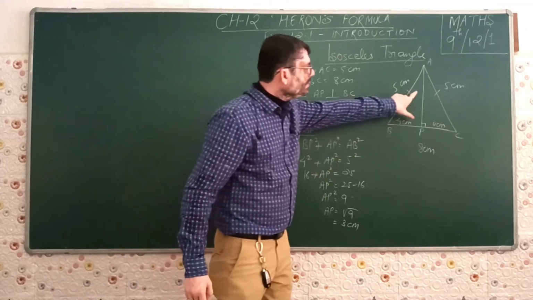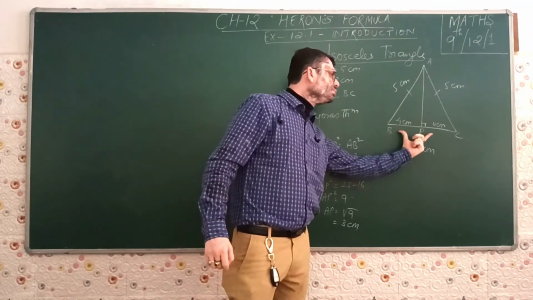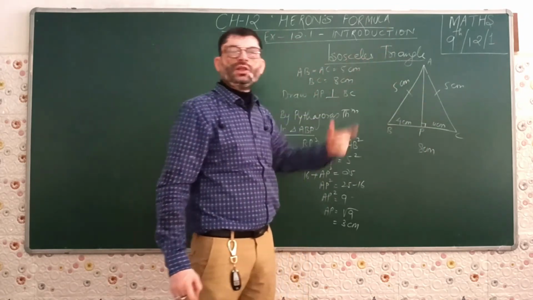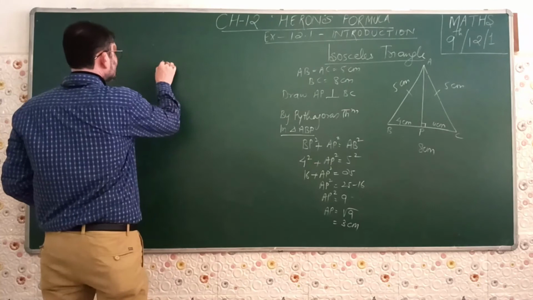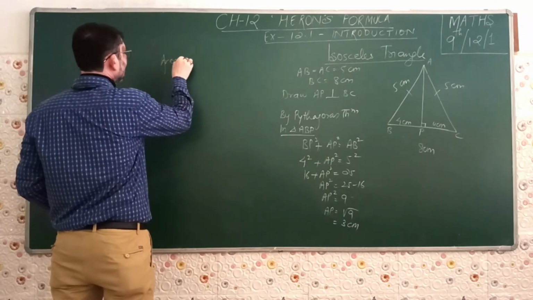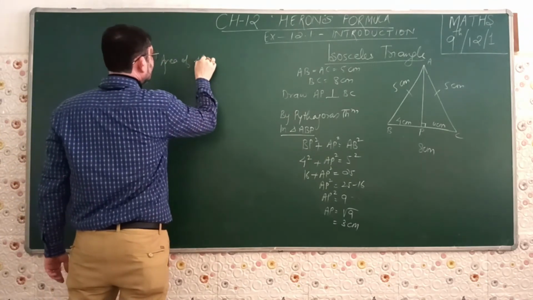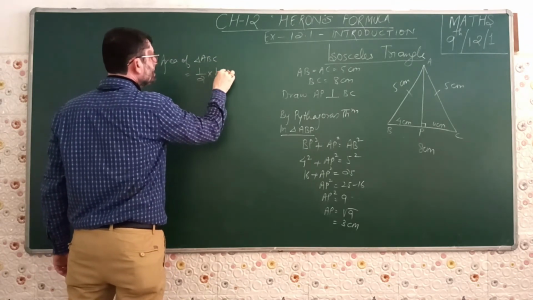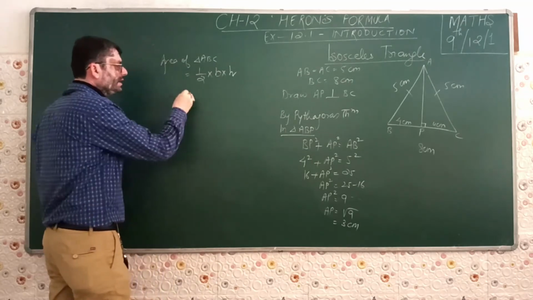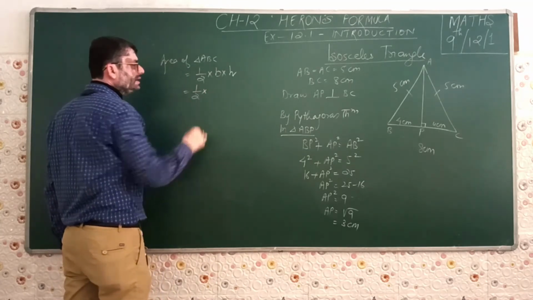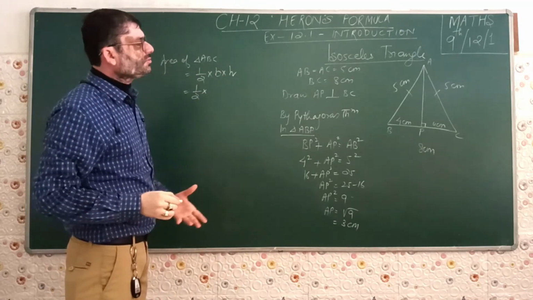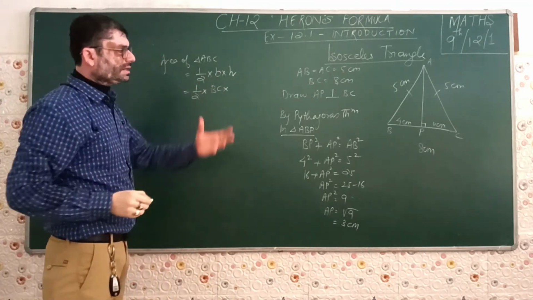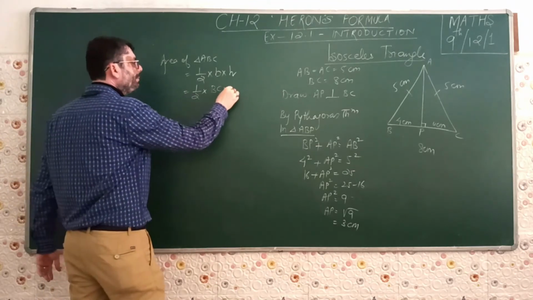Now we have got AP to be 3. We have base to be 8 centimeters, BC. We have a base, we have a height. Now we can find the area of the triangle. So area of isosceles triangle ABC is given by half into base into height. The base for our triangle ABC is BC, and height for our triangle ABC is AP.